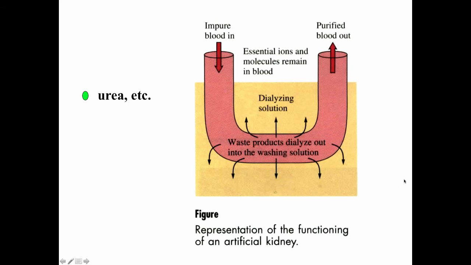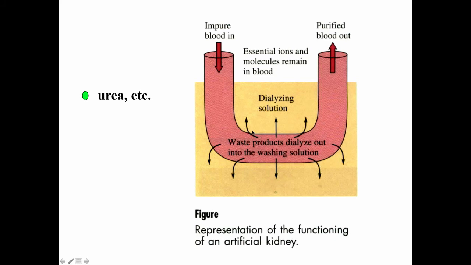So this is kind of a little cartoon schematic of impure blood going through the dialysis machine, and it flows through a dialyzing solution, and there's a semi-permeable membrane that surrounds the blood and separates it from the dialyzing solution.